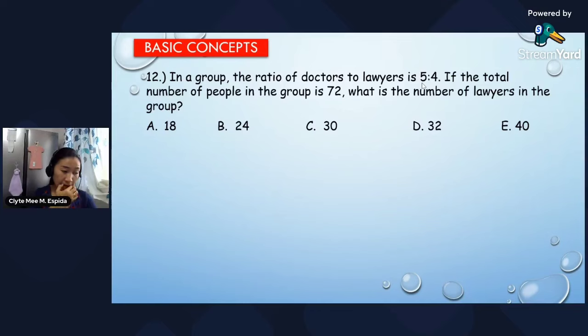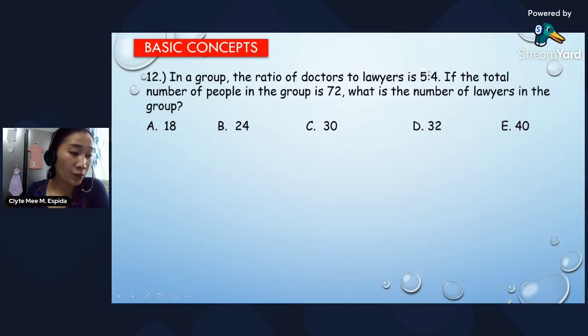How are we going to solve this? So you have the ratio is 5 is to 4. 5 is to 4 is already the simplest form. Meaning, ni-reduce lang po ito.